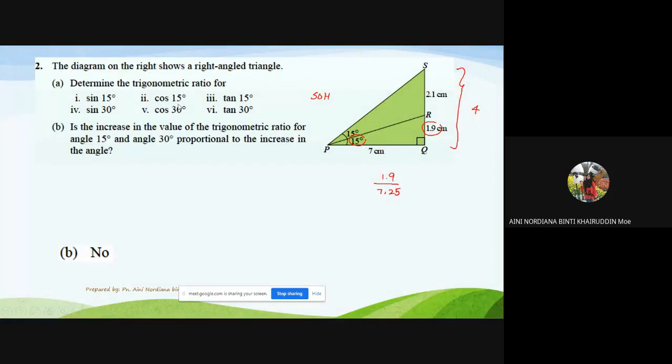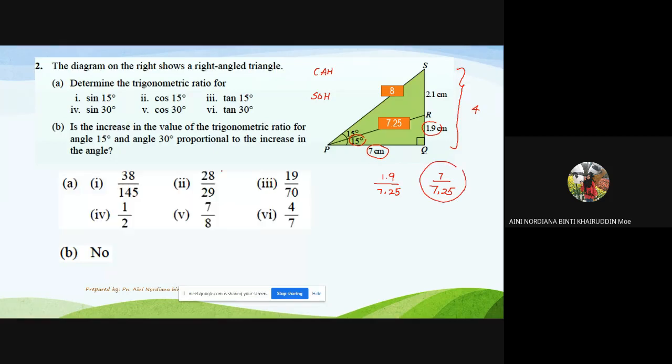Okay, so for cos 15, cos is char. So adjacent over hypotenuse. So 7 over 7.25. Then use your calculator, you will get this. Okay, same goes to this. For sin 30, this is 30, 15 plus 15.